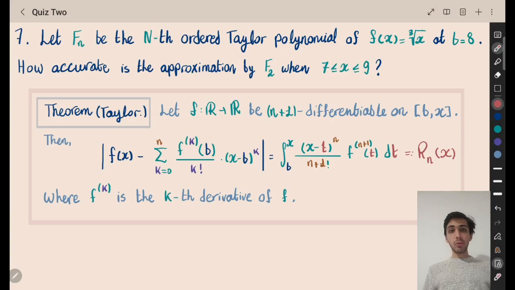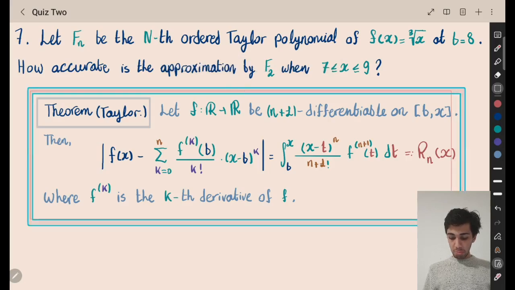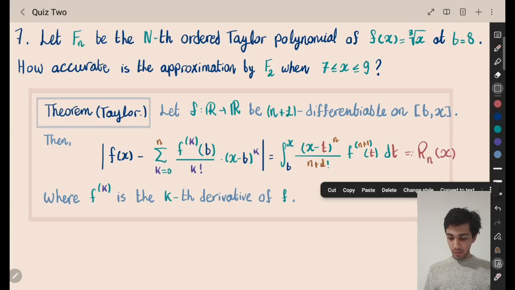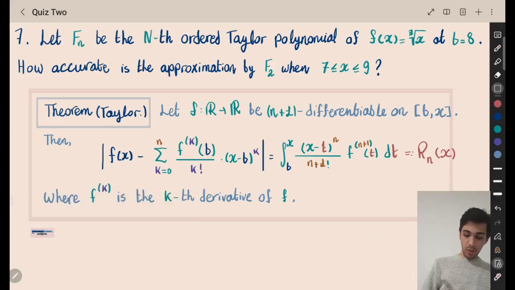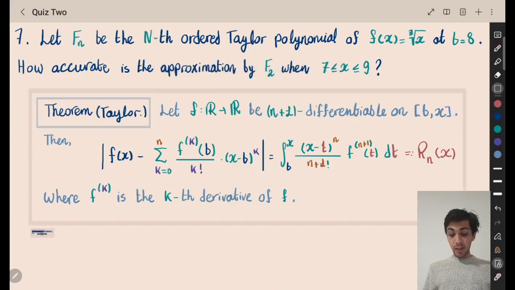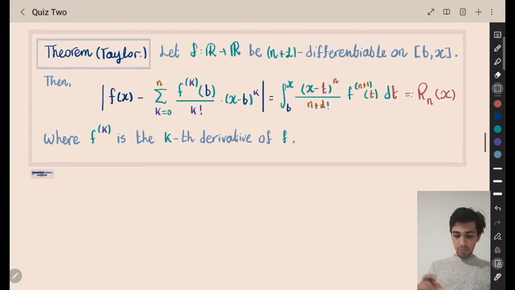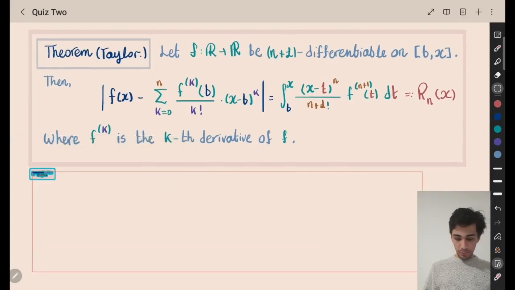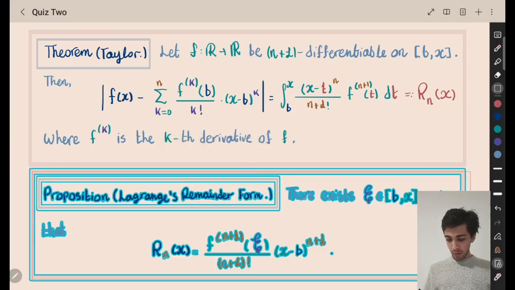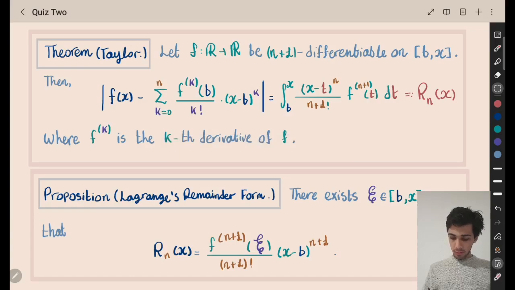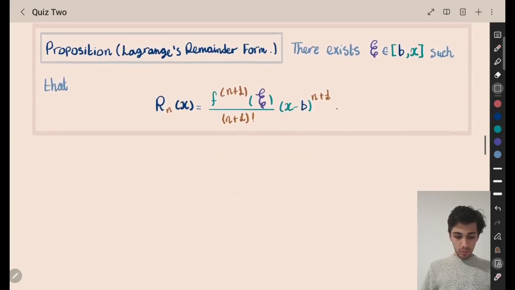So for that, we would like to summon another piece of machinery that will be very useful for this setup. And the idea is to find some other way to talk about the remainder. Now, without holding you for any longer, this is the proposition.